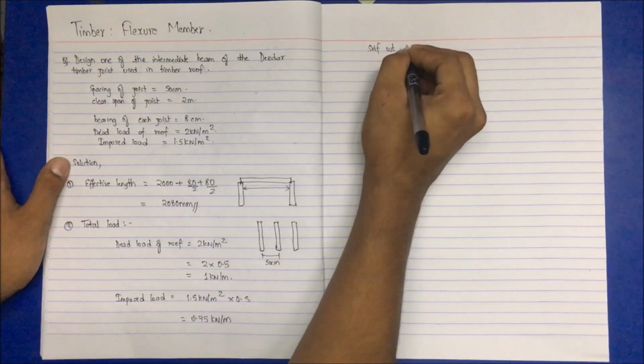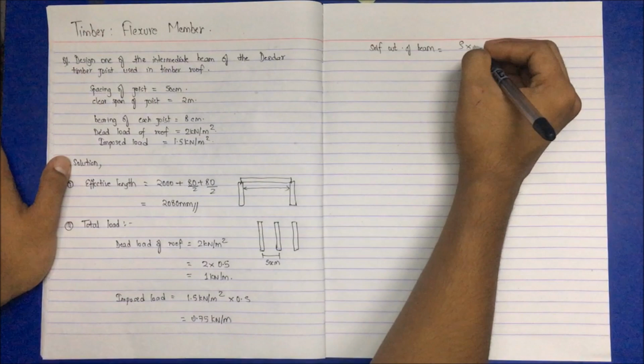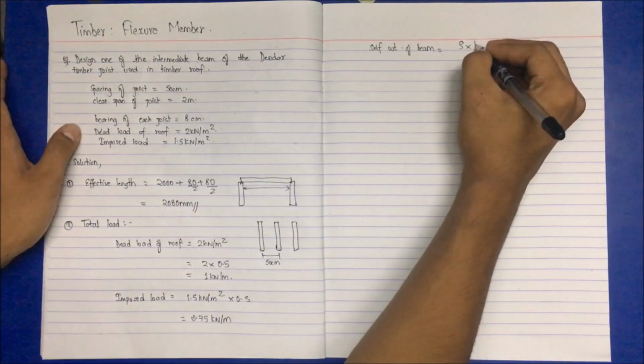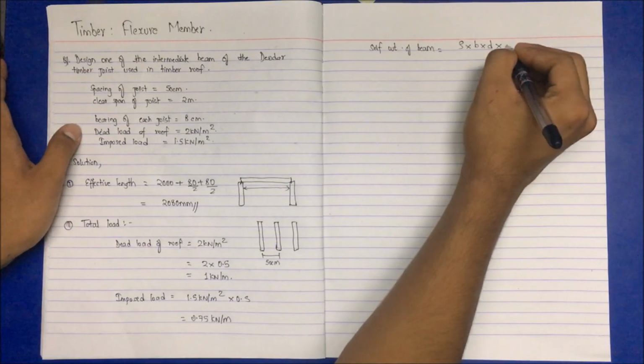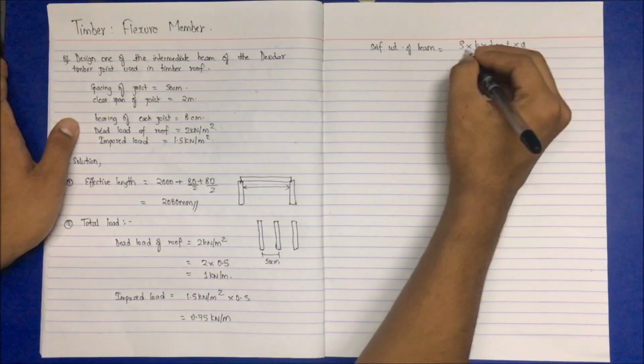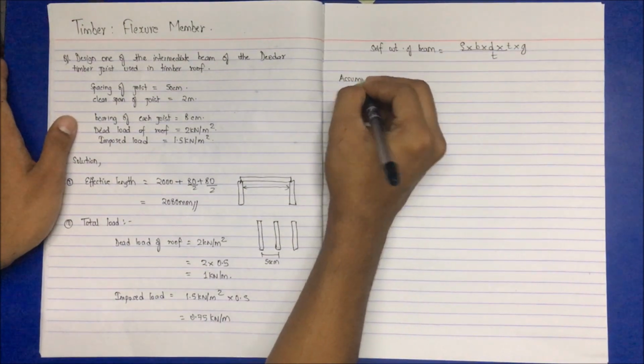Self weight of beam is given by the formula rho multiplied by the sectional area, B into D, multiplied by the length, assuming this is the step.